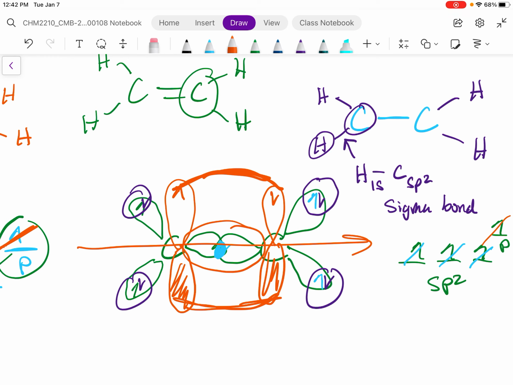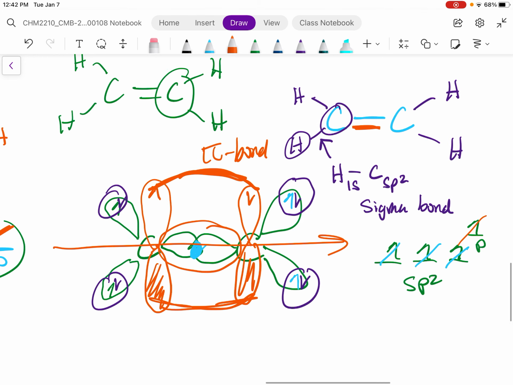So if I hold this like this, where's those 2 p orbitals? Above and below. And they're interacting above these atoms. And so that is called a pi bond. That's a pi bond right there. And I'm going to represent it, that double bond right there, like that. So there's our pi bond.